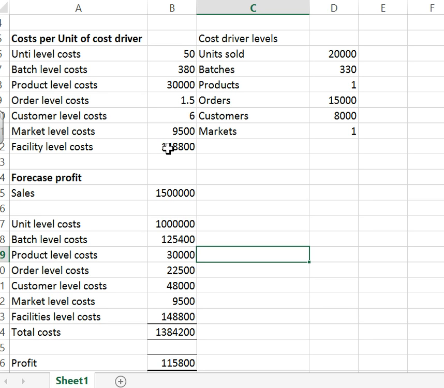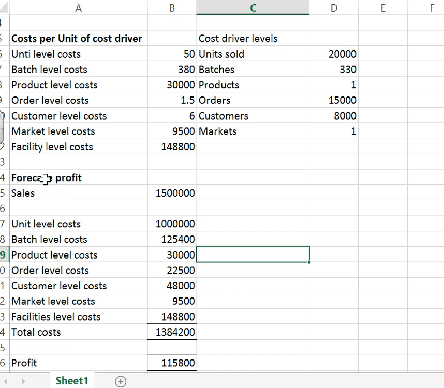As you've learnt in your previous accounting, activity-based costing is something that needs to be done in large organisations. It's not necessarily appropriate for small organisations because they don't have the funds or the need to do it at this level. So now we can forecast profit.